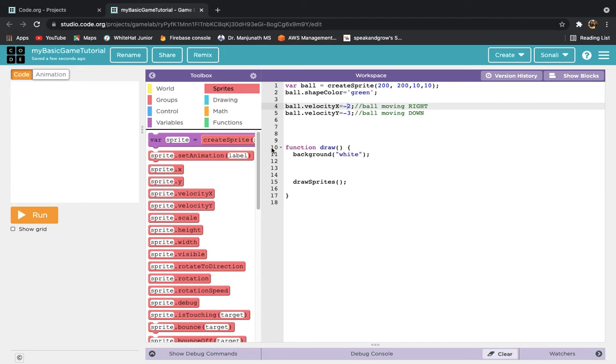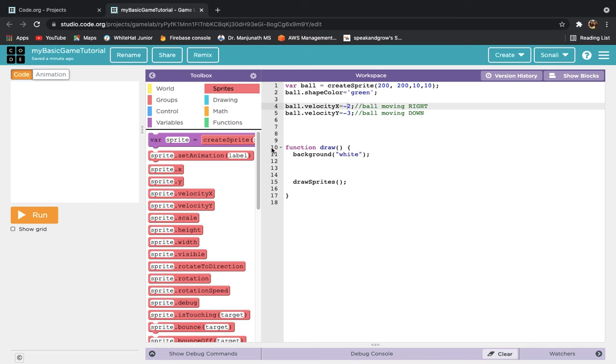Question number 3 is, you need to remember which number moves it towards right and which moves it towards left. It's not the number that basically sets the speed, rather the sign, positive and negative. Which sign or symbol moves it towards up and which symbol moves it towards down.